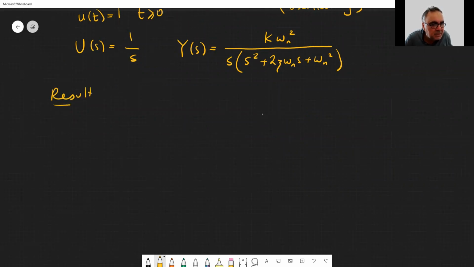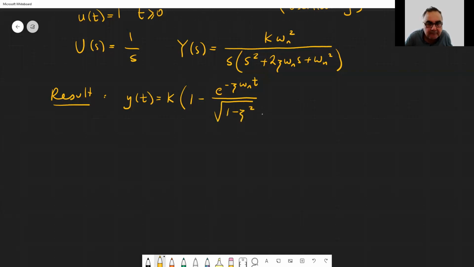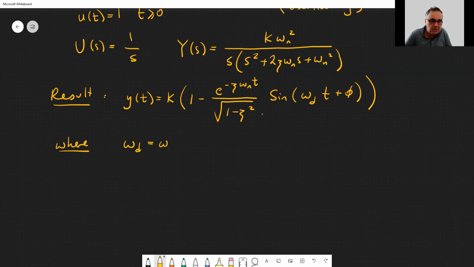The result will be something like this. y of t is k times minus, where omega d is omega n root 1 minus zeta squared, which is called the damped natural frequency. And phi is the so-called phase angle.